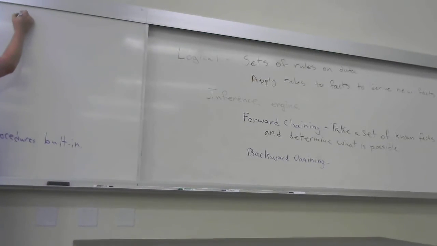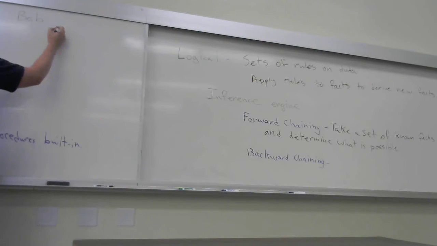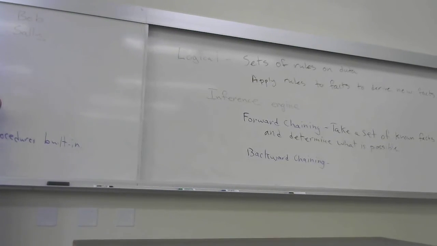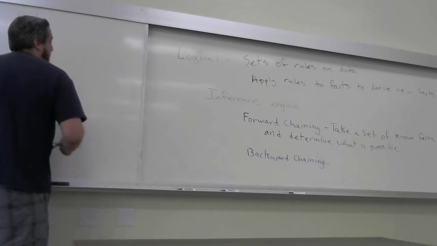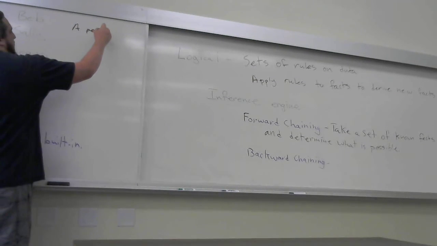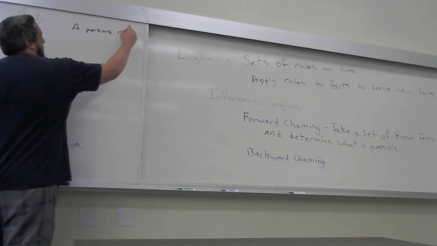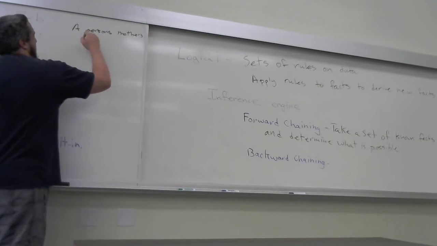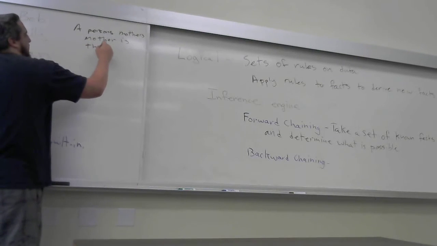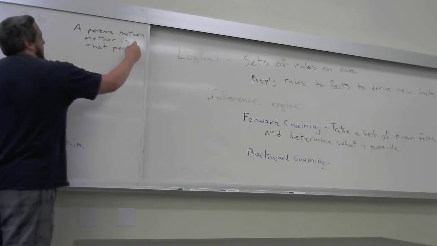Let's say we have three people: Bob, Sally, and Jean. And we have a rule where a person's mother's mother is that person's grandmother.